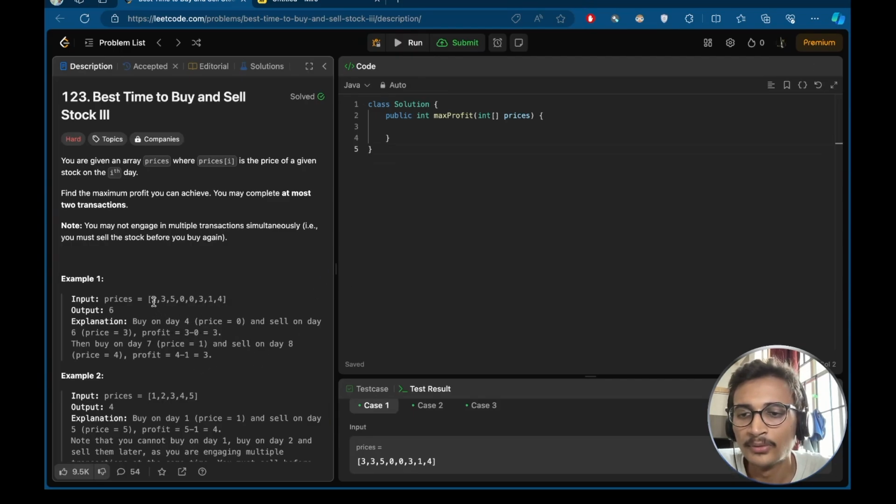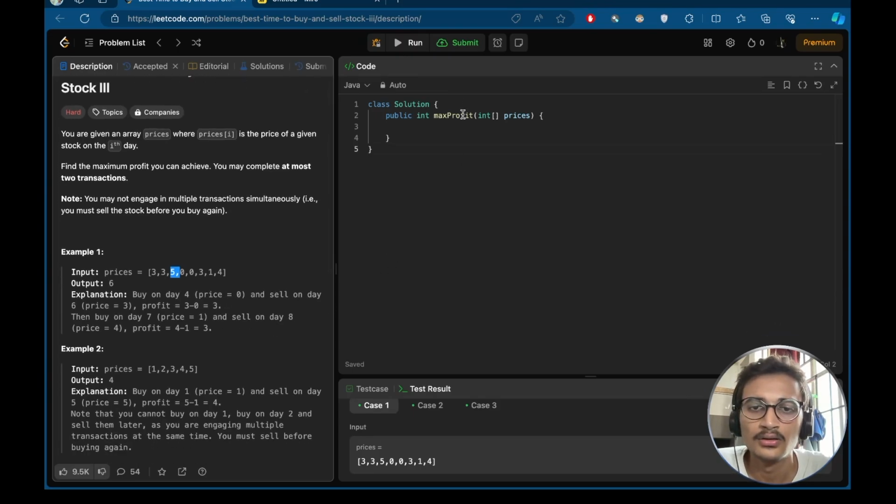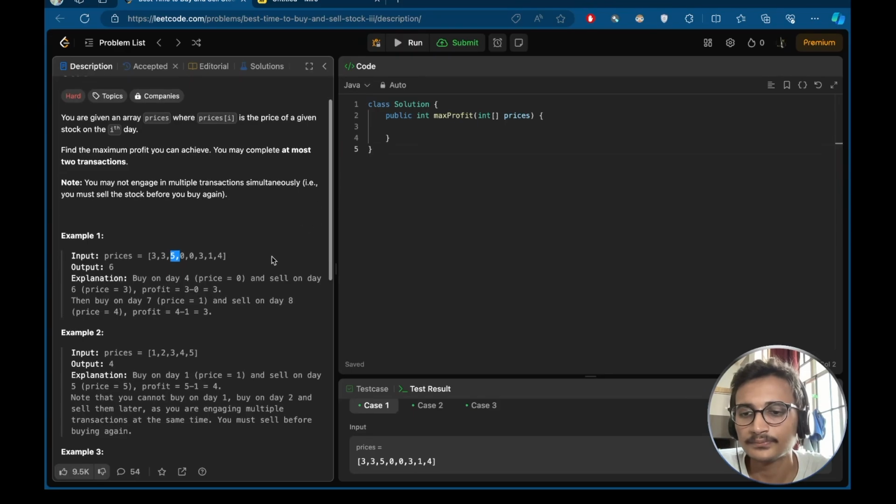Like we will buy the stock on the first day and sell it on the third day. In this way we have $2 profit. And next we will again buy the stock on the second day and sell it on the third day. Then also we have $2 profit. So in this way we have to maximize our profit.